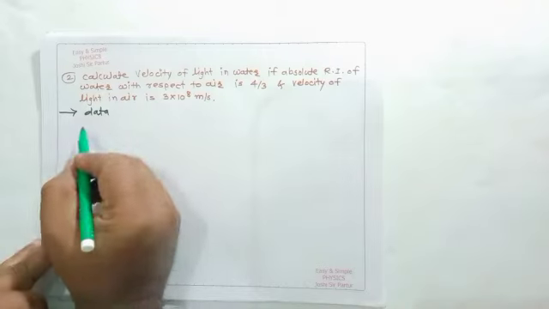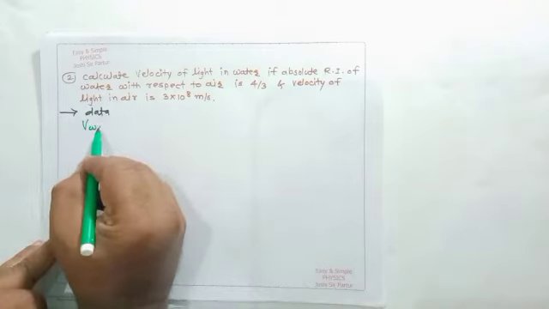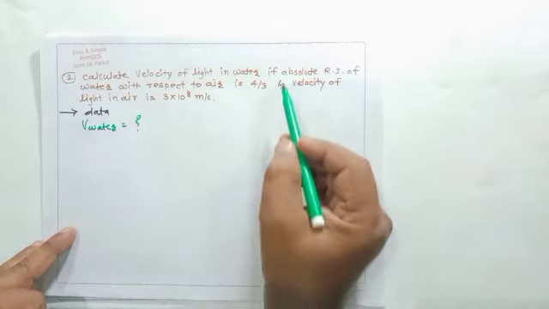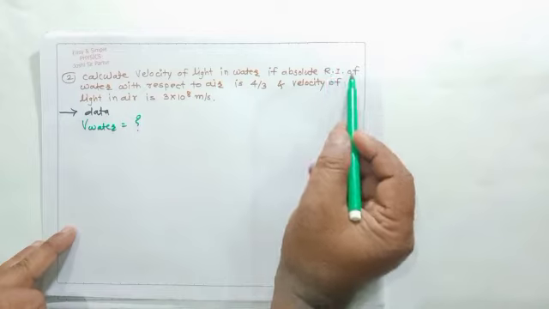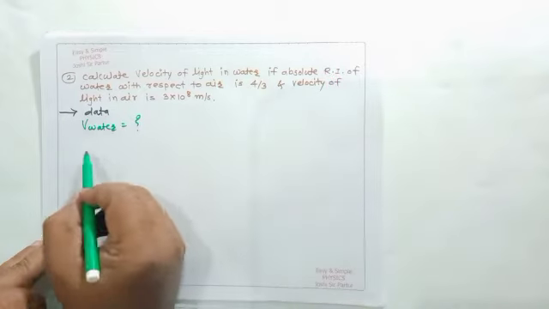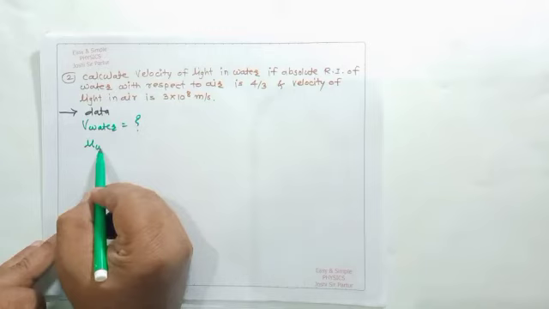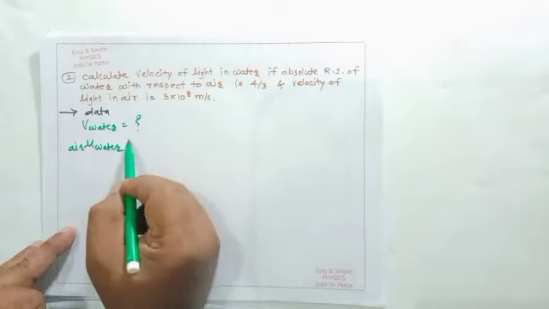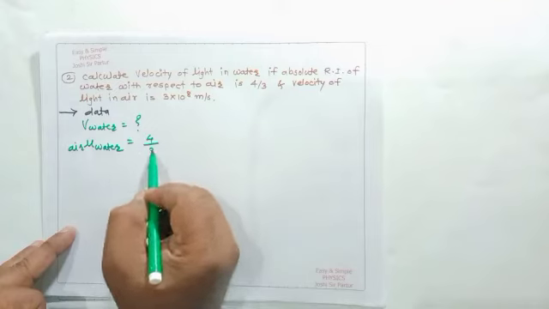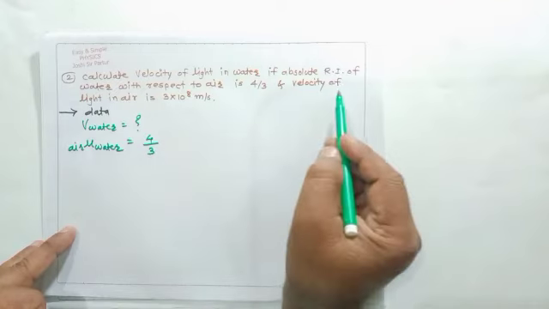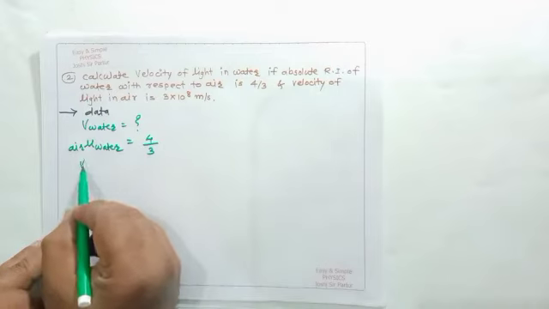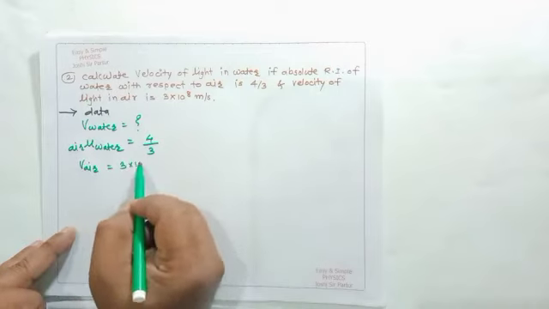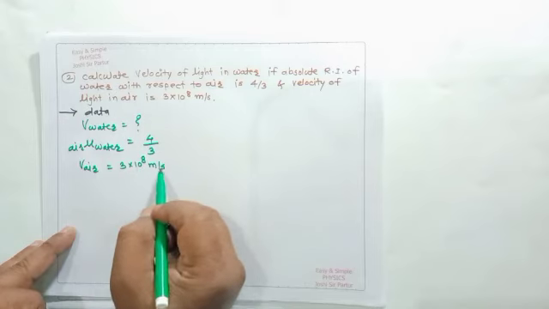So here velocity of light in water will be question mark. Mu of water with respect to air is given by 4 upon 3 and velocity of light in air, that is V air, is equal to 3 into 10 raised to 8 meter per second.